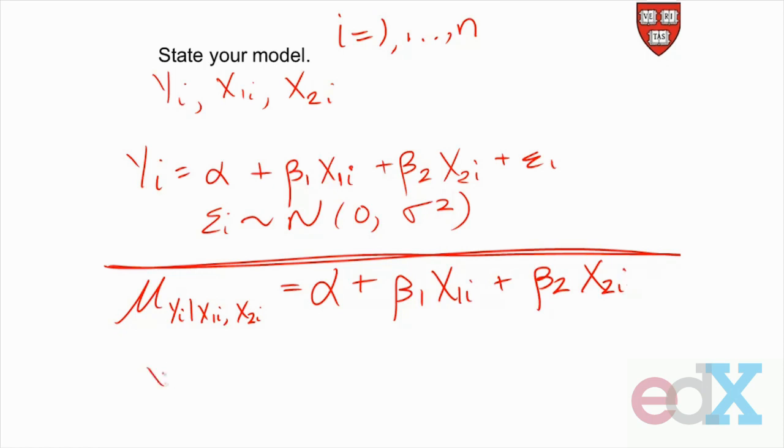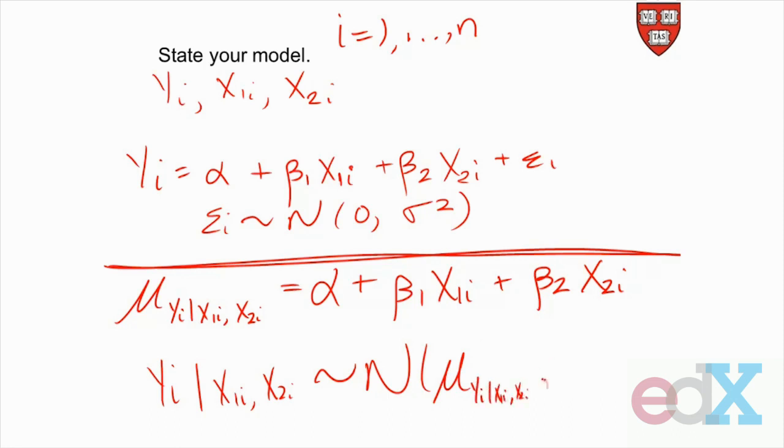And we could say that yi given x1 and x2 follows a normal distribution with mean equal to this mu and variance sigma squared. So those two are equivalent. These are exactly the same model.